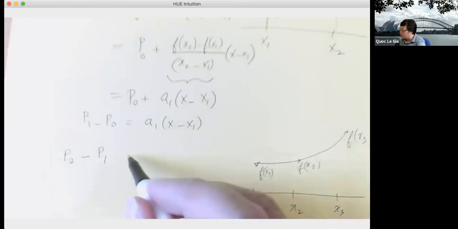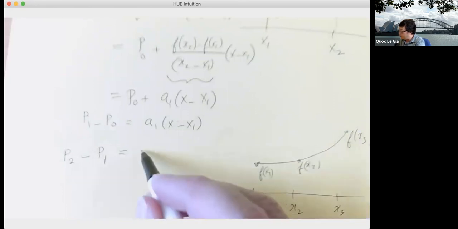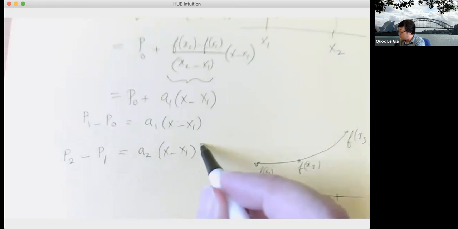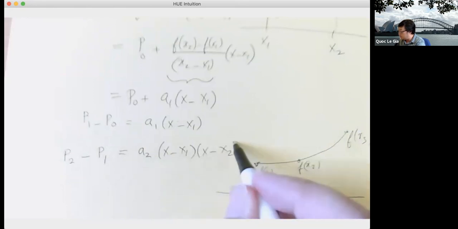Then it is of the form some A2 times (x minus x1)(x minus x2), right?